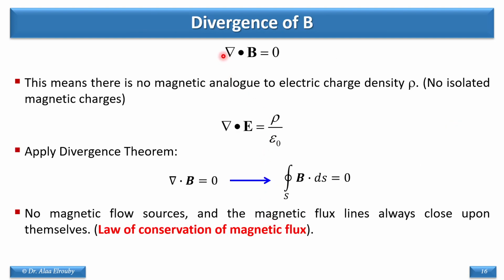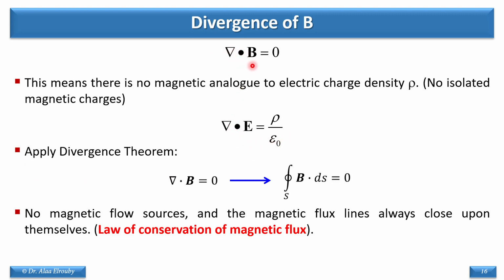As I said, the divergence of B equals 0 means that there is no magnetic analogous to electric charge. So there is nothing called magnetic charge or something equivalent to electric charge.